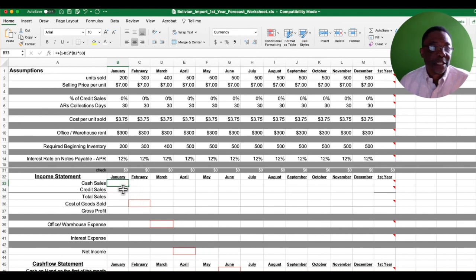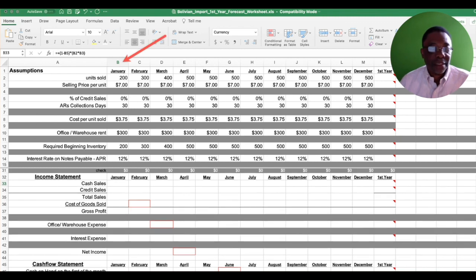Let's go to cell B33. So this is cell B33. In Excel, cells have addresses. The column is B for this cell. The row is 33. That makes this cell number B33. Now here we have a formula bar, it shows the cell address and it shows the formula in that cell.